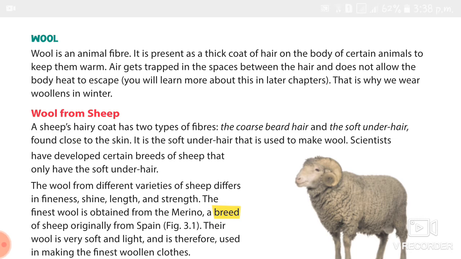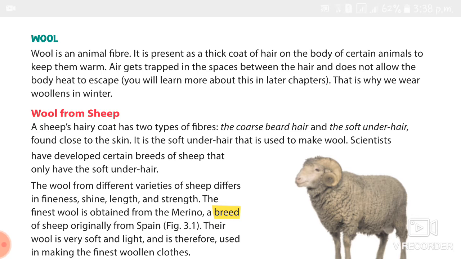Wool is obtained from the fleece of animals like sheep, goat, yak, camel, rabbit, and some other animals. These animals have fine, soft underhair close to their skin.